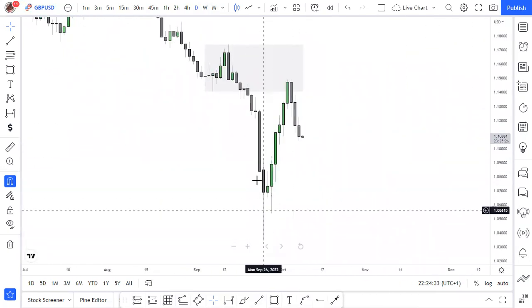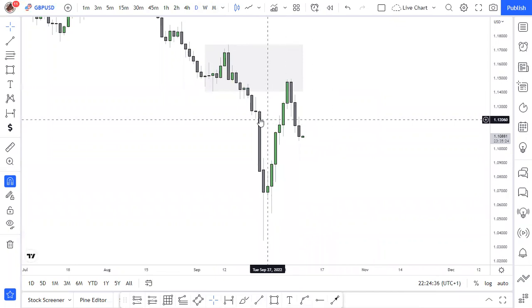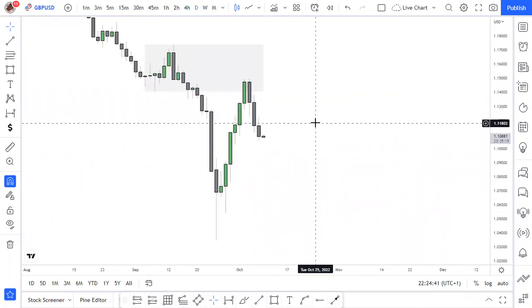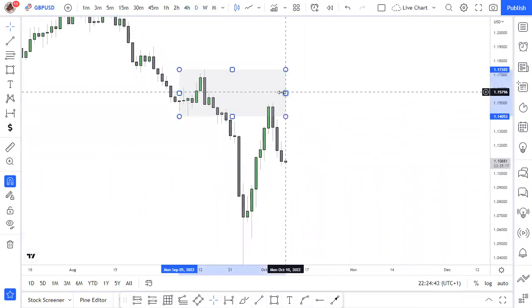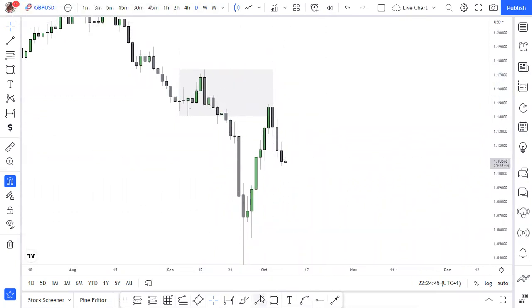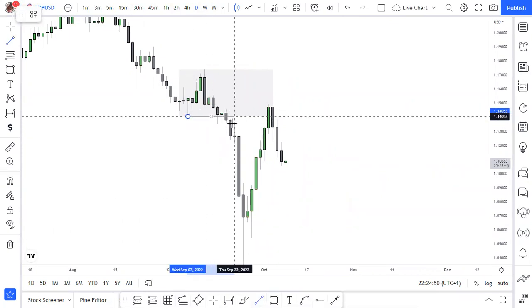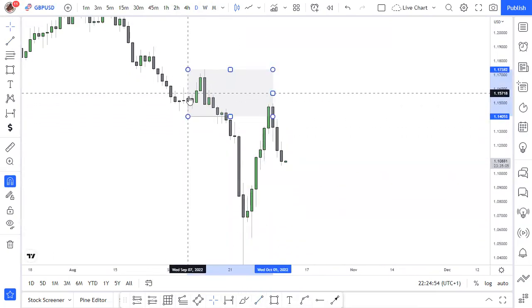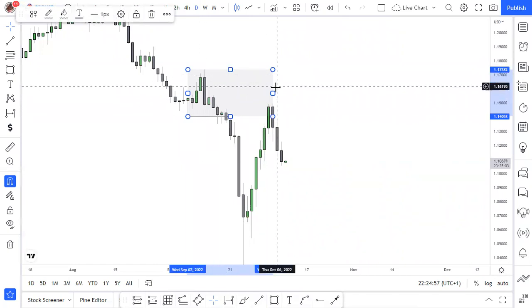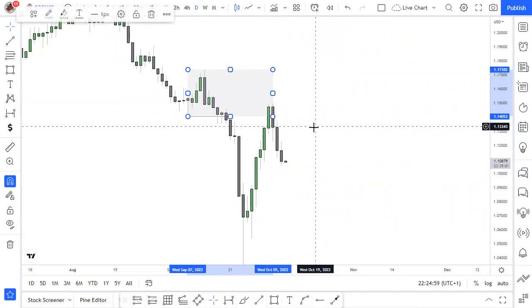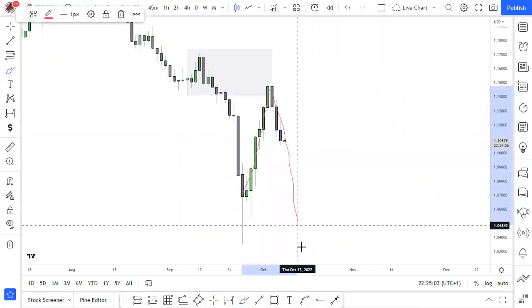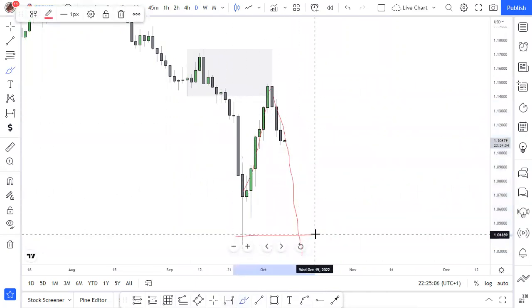time frame, we really had the deep pullback here on pound USD. Structure is really not that clear on the daily time frame, but we can just say that we had a break of structure, another break of structure here, and price has now pulled back into our supply range, and we kind of expect price to respect this supply range and then continue lower to make that lower low.